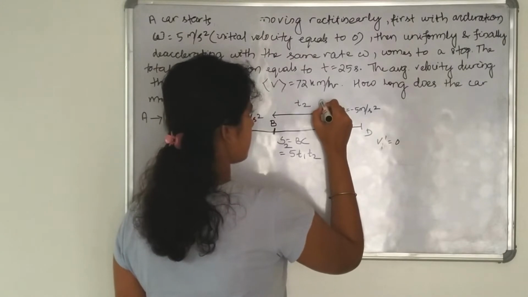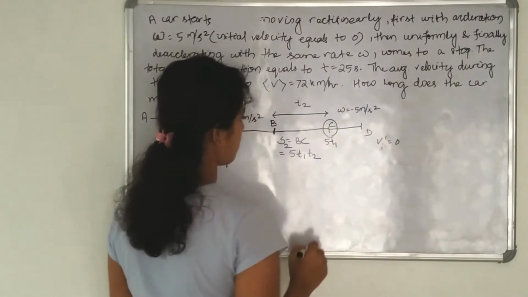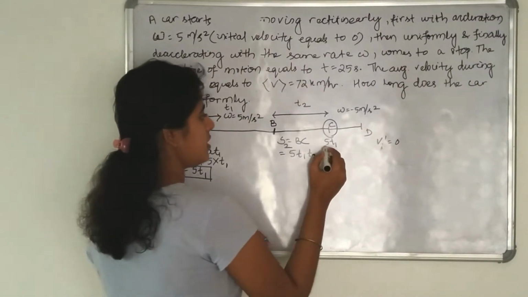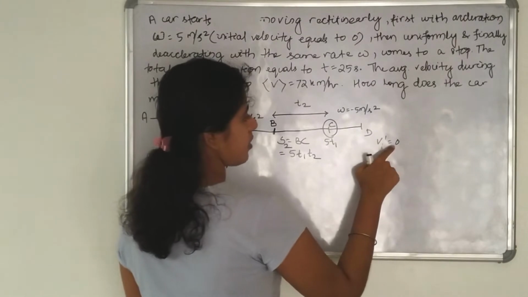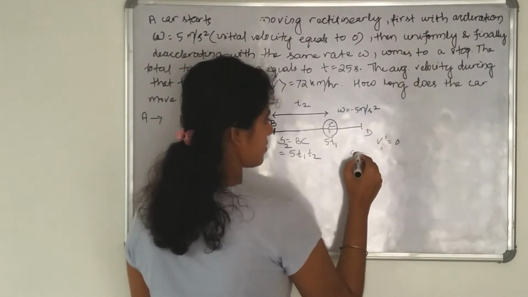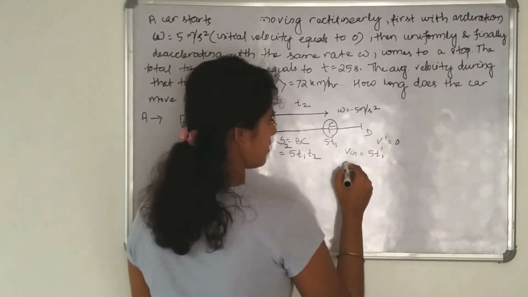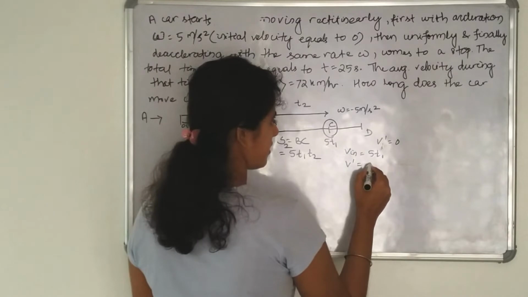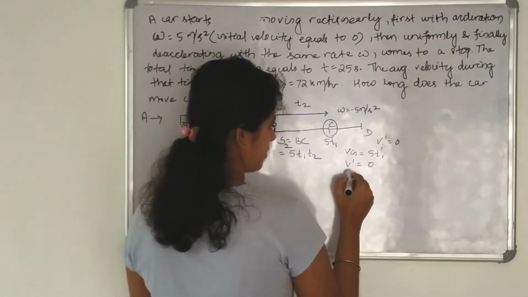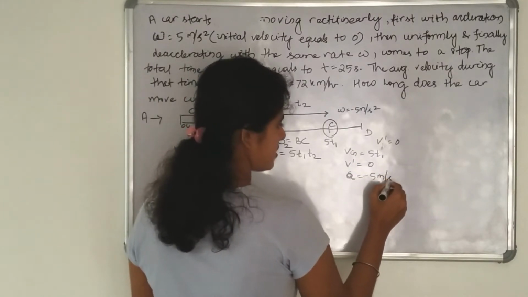We know that at this point the velocity is 5 T1 with which it moves uniformly from the point B to C. So from 5 T1 it comes to rest. Its initial velocity is 5 T1 and V final is equal to 0, and A is equal to minus 5 meter per second square.